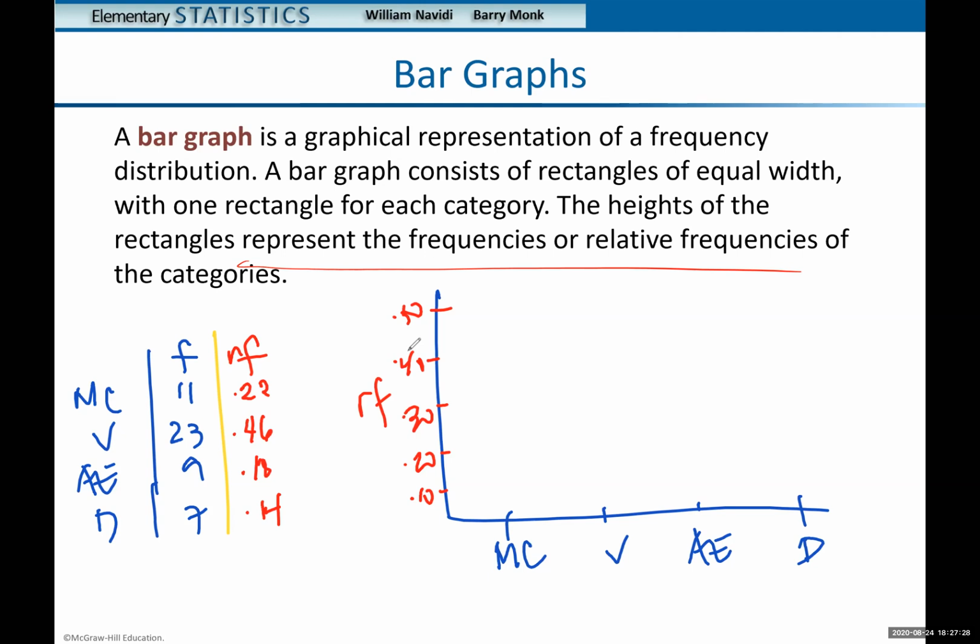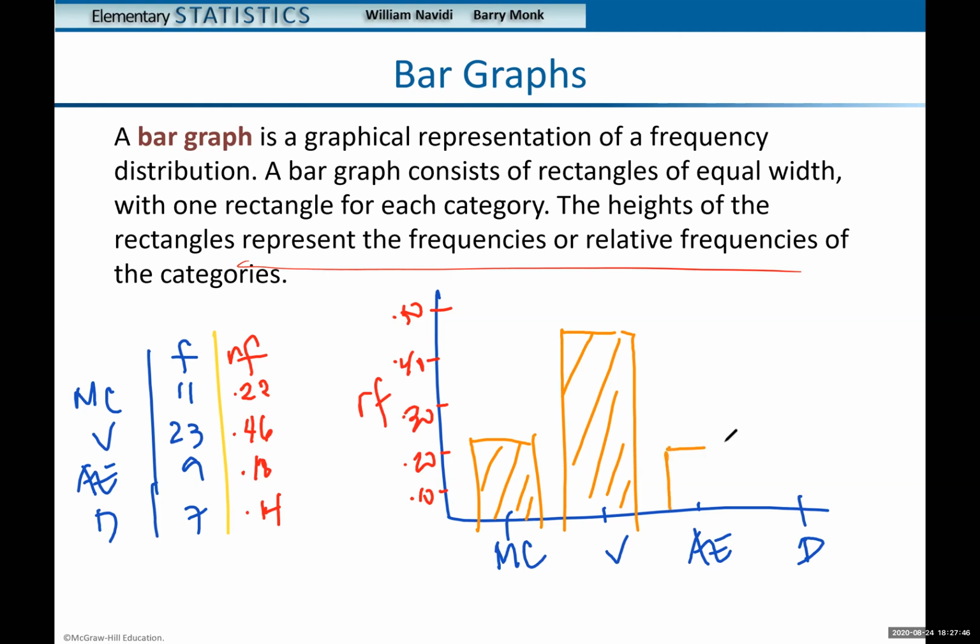So MasterCard, 0.22. Then 0.46, and then 0.18, and then 0.14.